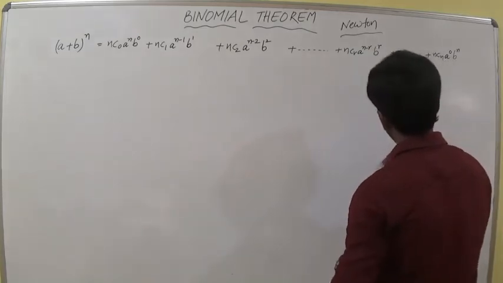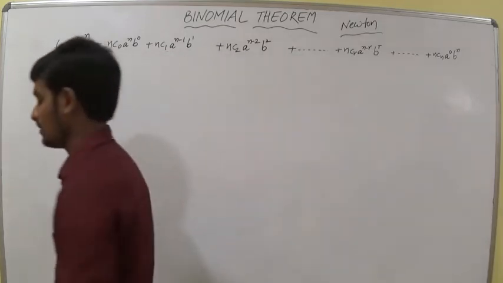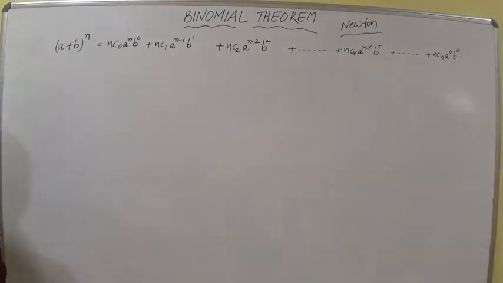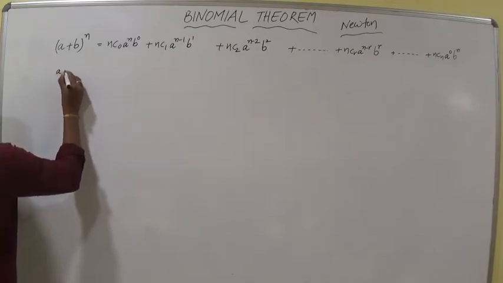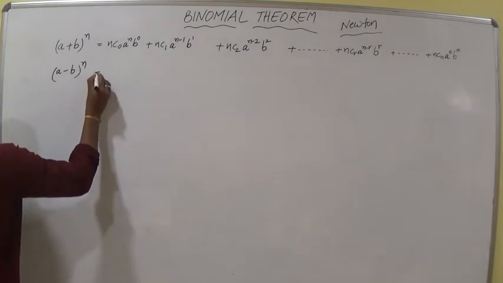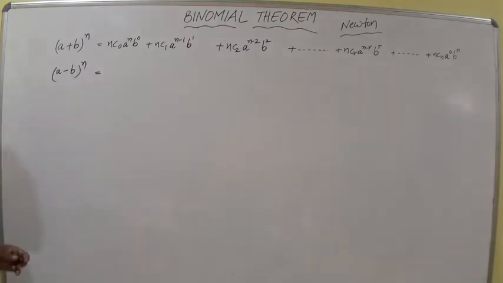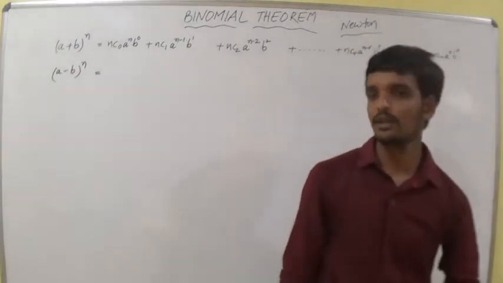In the place of b, we have to write minus b. Can we write (a minus b) whole power n? Yes, we can.